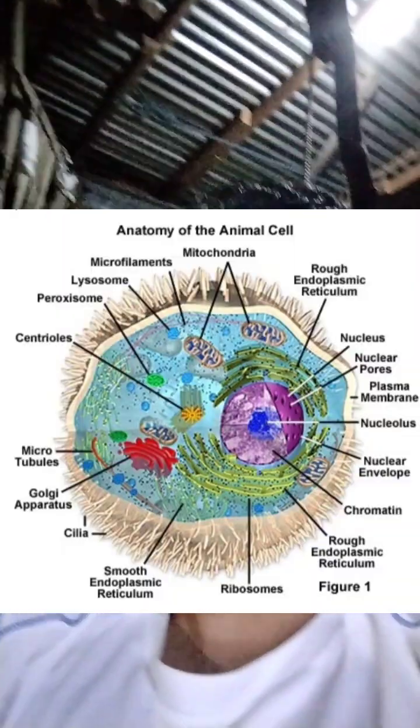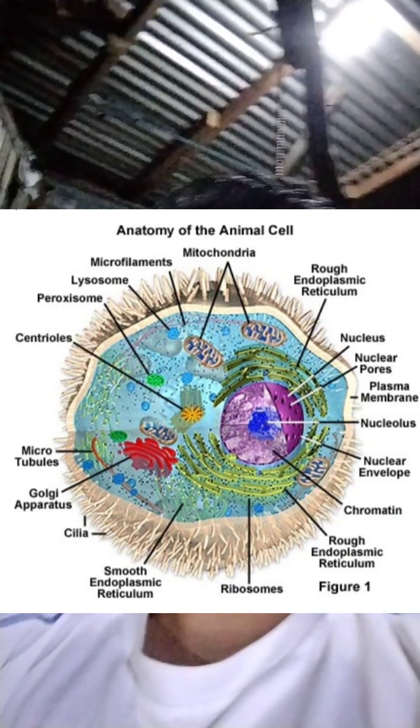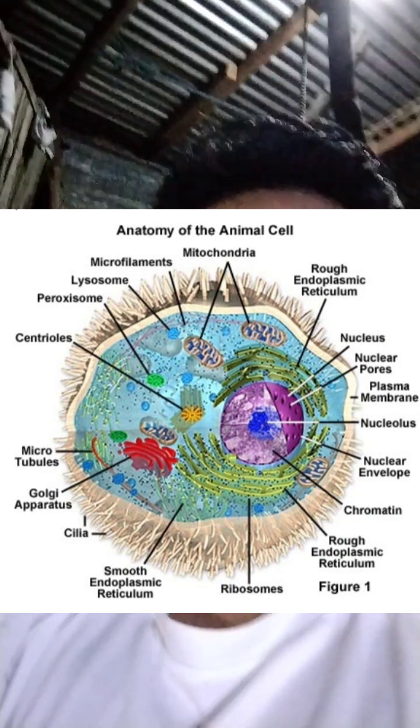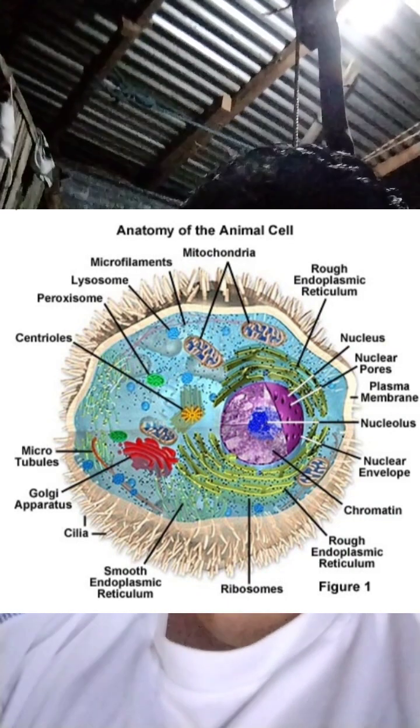And in prokaryotes, they consist of 3 strands of RNA. So they are different, according to the count of their strands. So you can see it in the video, the picture of the animal cells.